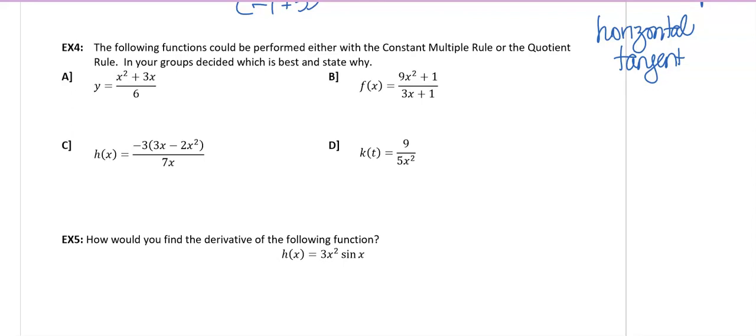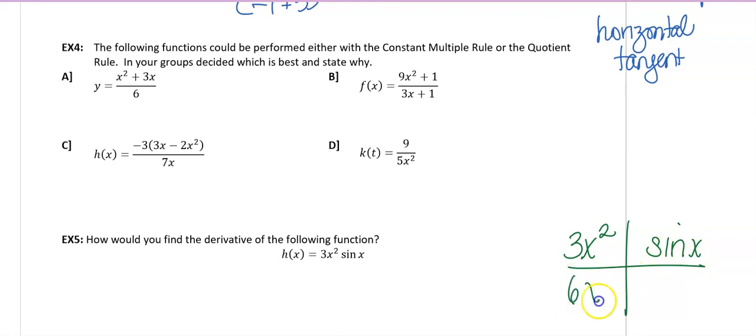This is going to be more important when we get to implicit differentiation. We do need to recognize that as a product. So I'm going to break up the two factors as 3x squared. Notice the 3 goes with the x squared, keep it together, and the trig goes by itself. So we can take the derivative of each piece, and the derivative of sine is cosine.